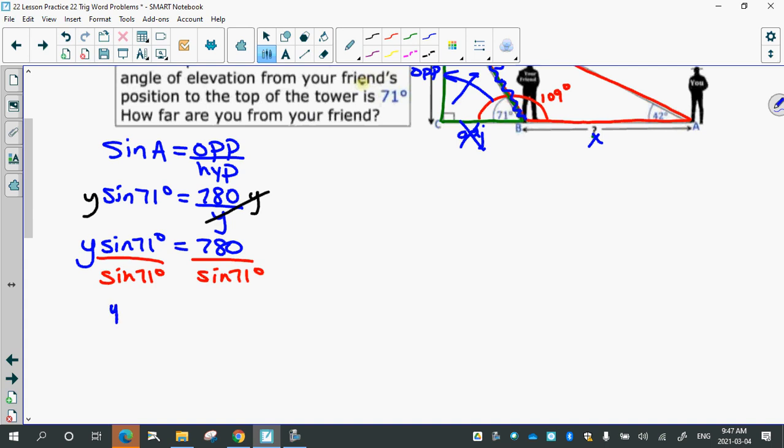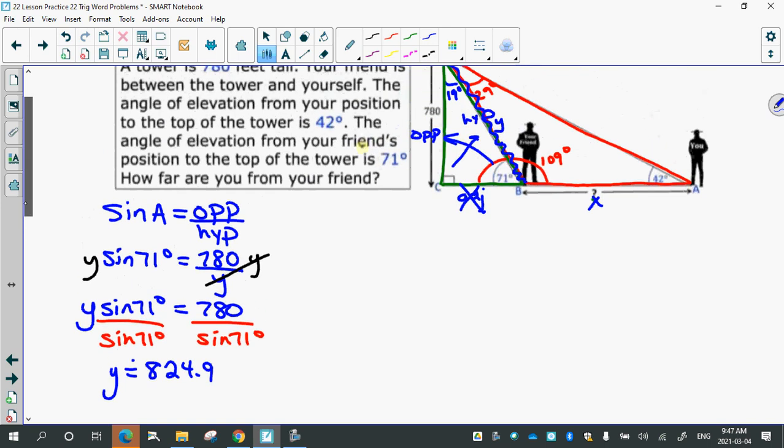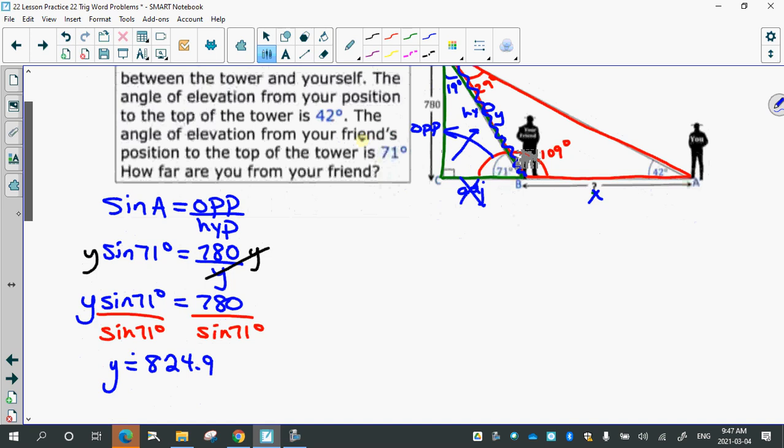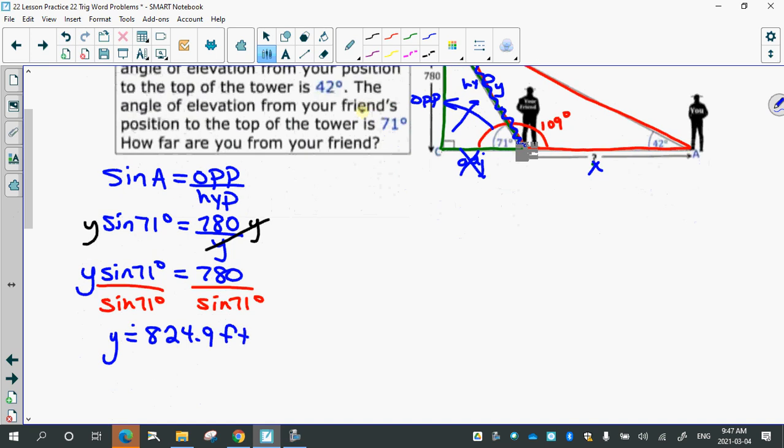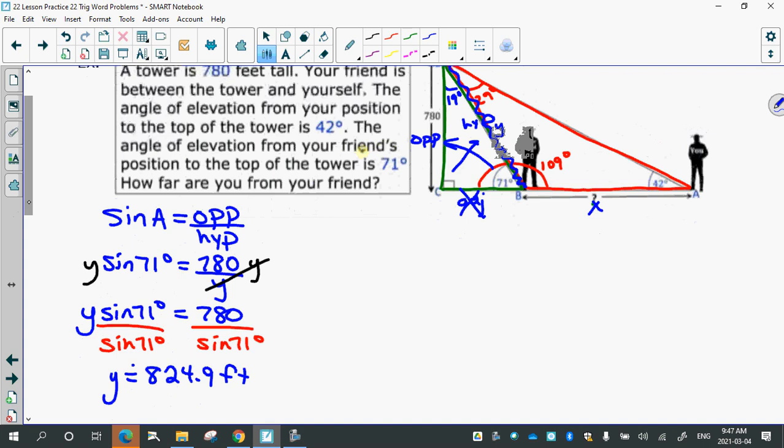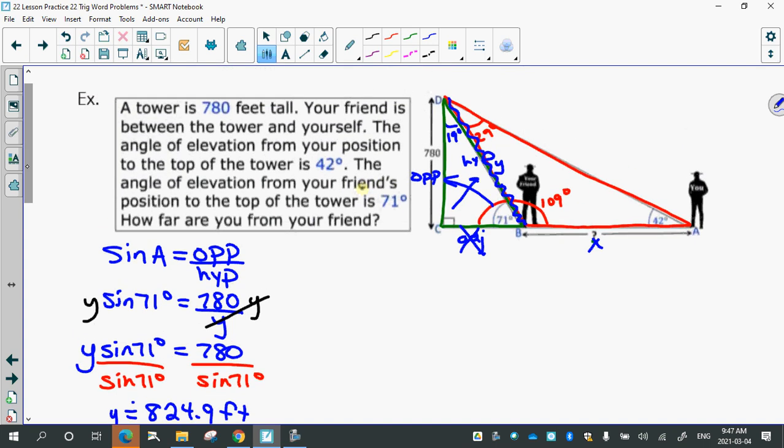And then I end up with y to be approximately 824.9, and what are we measuring in? Feet. Does it say? Feet. Okay, so that's the common side now that we found. So we now know this side here is 824.9.